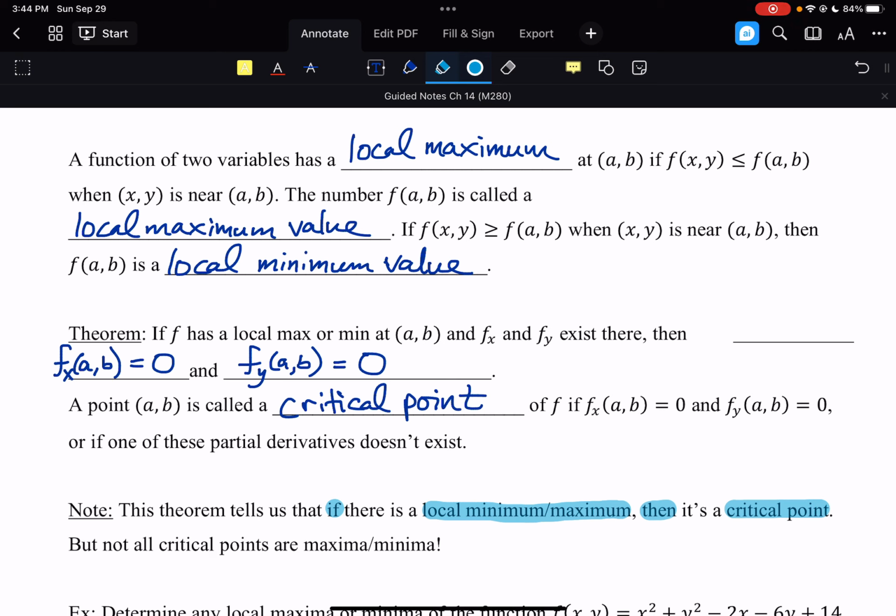It does not necessarily go the other way. So if we know already that this point is a max or a min, then the point will also be a critical point. This doesn't necessarily go backwards, so not all critical points are maxima and minima. We can't say if it's a critical point, then it's a max or a min, because that is not a guarantee.